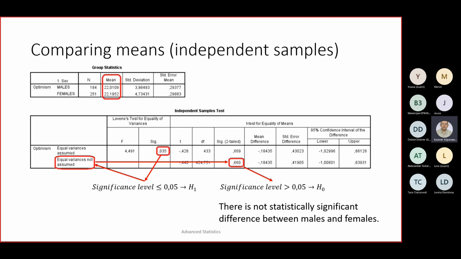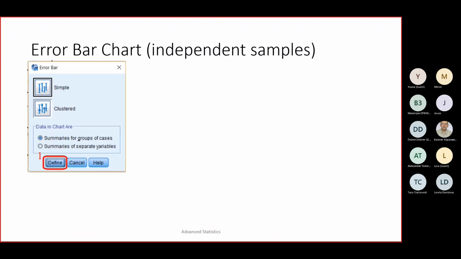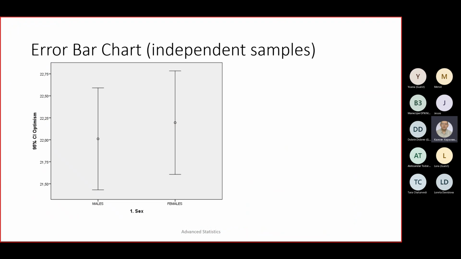Now I will show a chart. Unfortunately, this chart doesn't exist in PSPP, and I will show this chart in SPSS. This chart is called error bar, and it looks like this.